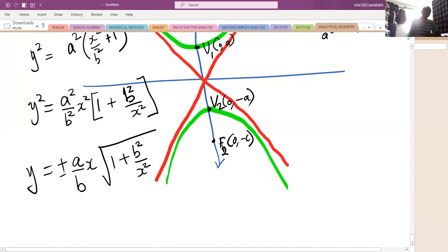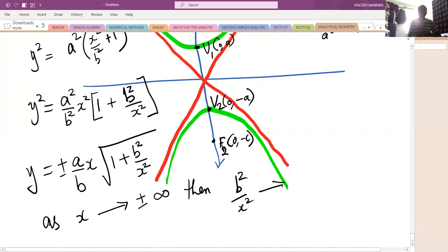And you see this one here, as x approaches both positive and negative infinity, then the quantity b squared over x squared approaches 0, because we are dividing by a big positive value.